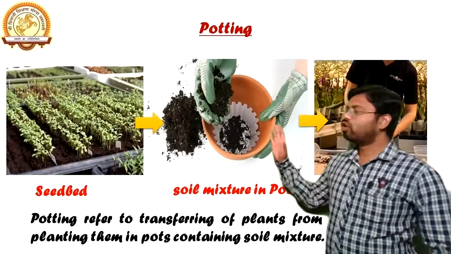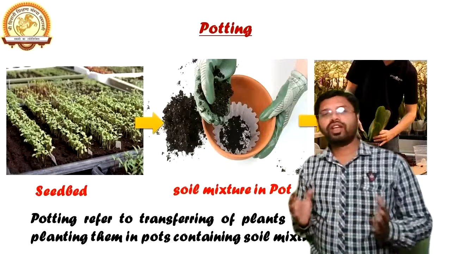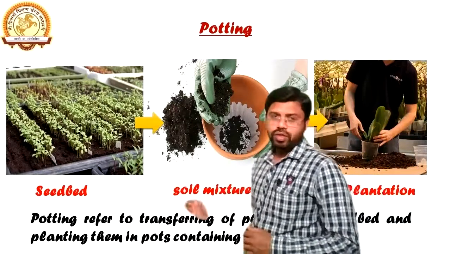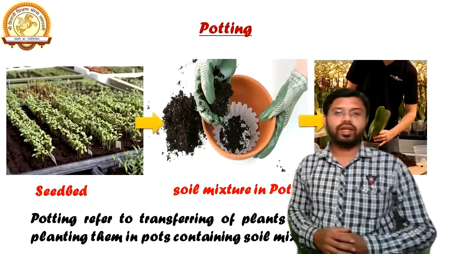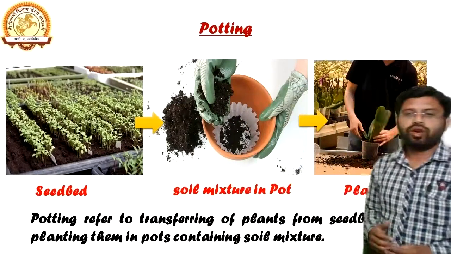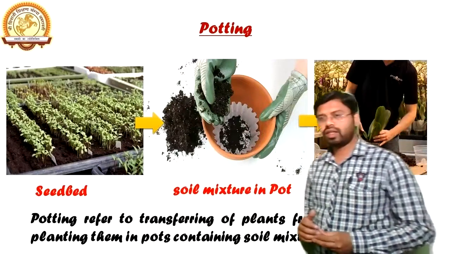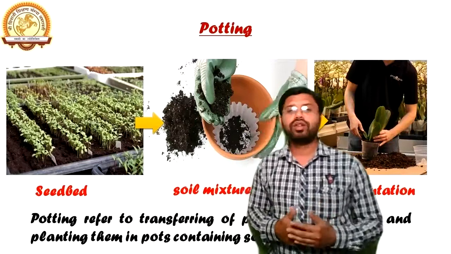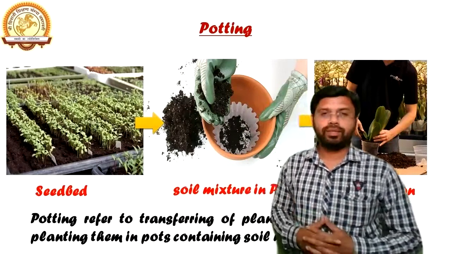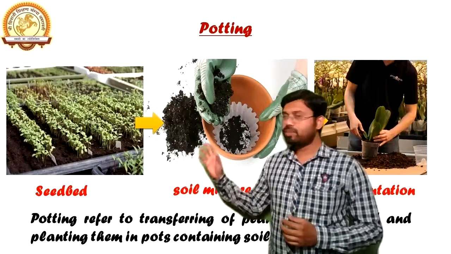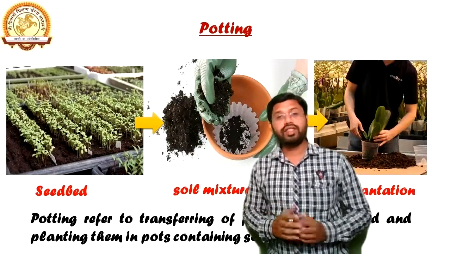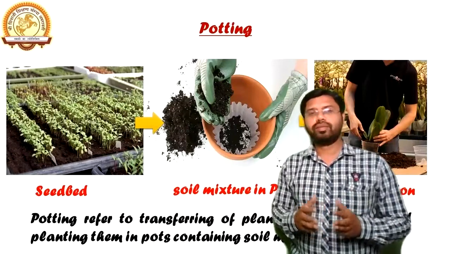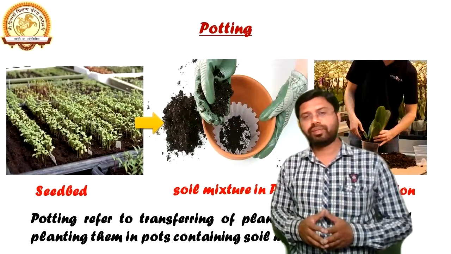So basically, if we talk about potting, what does potting mean? Potting refers to the transfer of the plants from the seed bed and planting them in pots containing soil. Here you can see in this picture that there is a seed bed. At this seed bed, the seedlings of the plant grow.